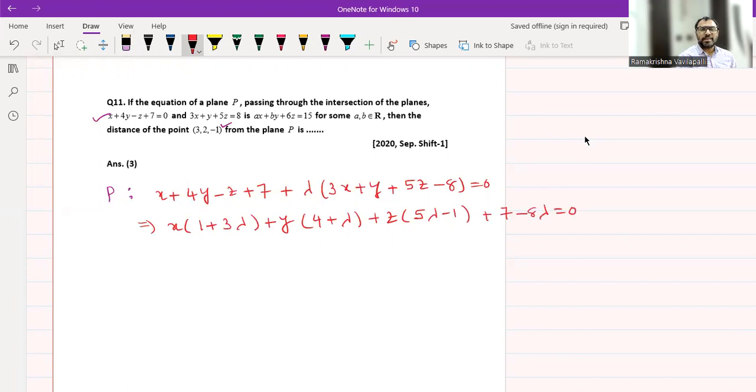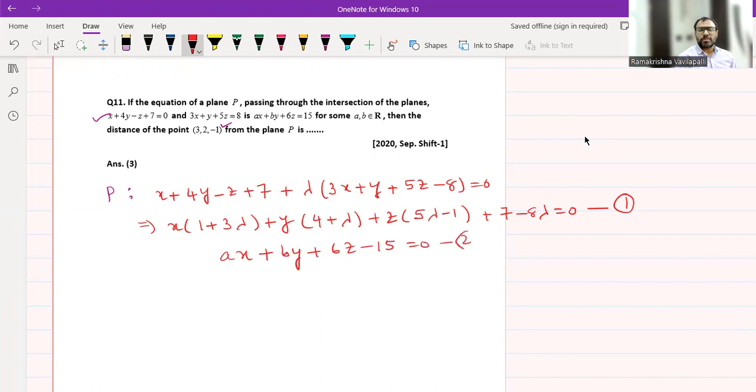Now this plane is the same as this one. What is the actual plane? ax + by + 6z - 15 = 0.